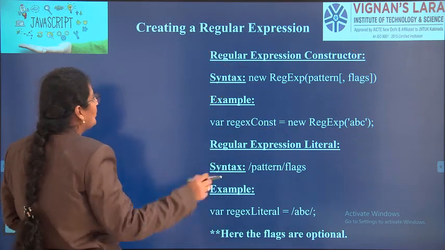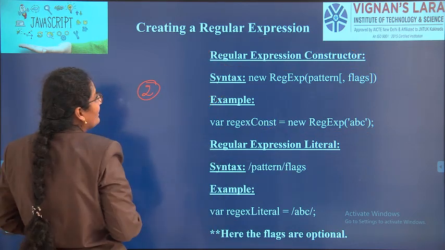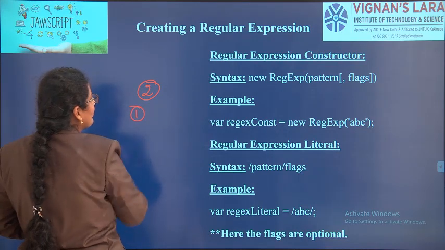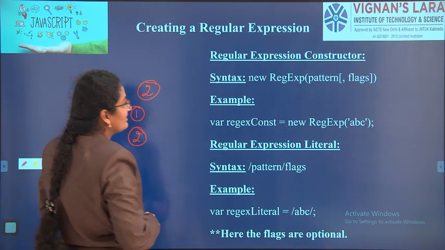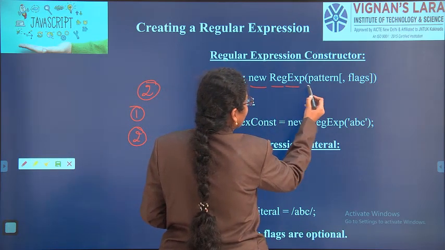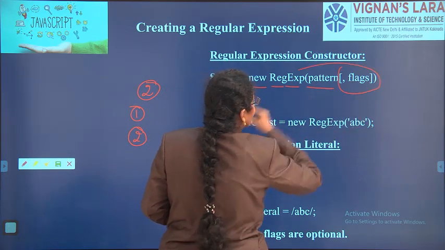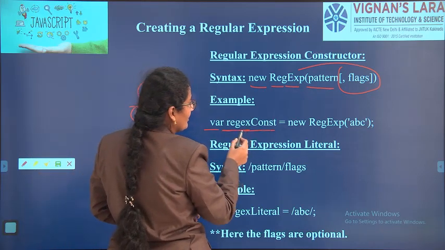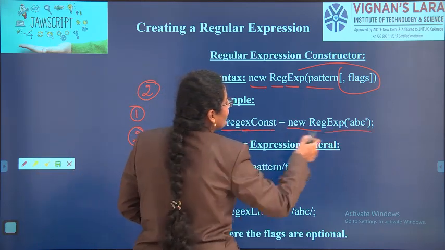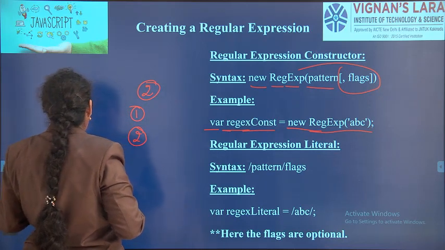So there are two ways to create regular expressions. The first is using the constructor, the second is using forward slash. The first method's syntax is new RegExp, pattern, flags, and the example is variable regex constant equal to new RegExp ABC. What is the second one?